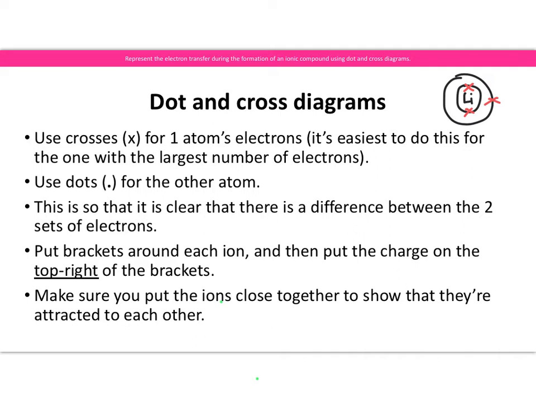When we form an ion, so when we've either lost or gained electrons, we have to put brackets around it, and we also have to put the charge on the top right, just outside the brackets. Then I wouldn't worry so much about the rest. Make sure you put the ions close together, but you know they are going to be attracted to each other. We're going to have opposite charges, so you should put them right next to each other.